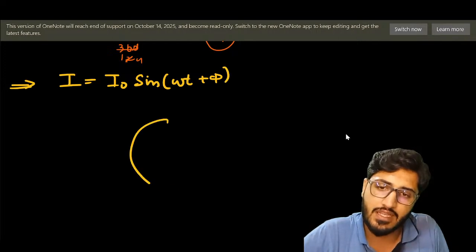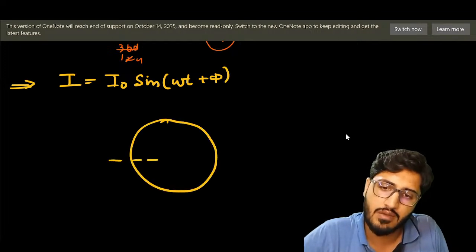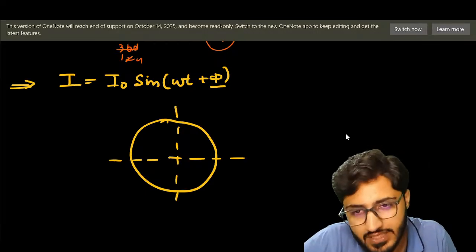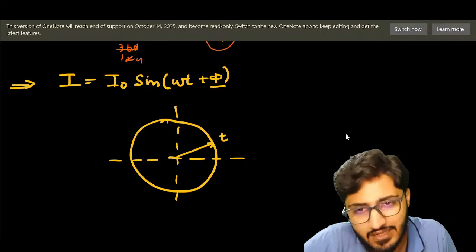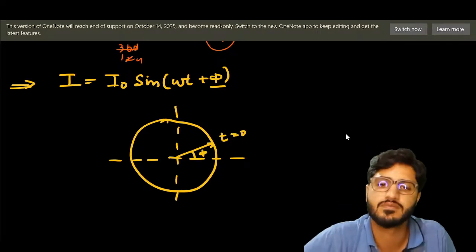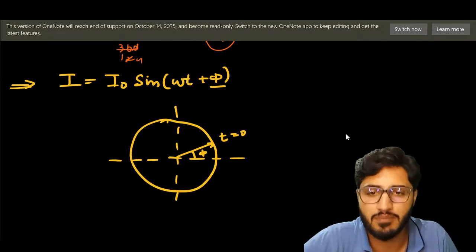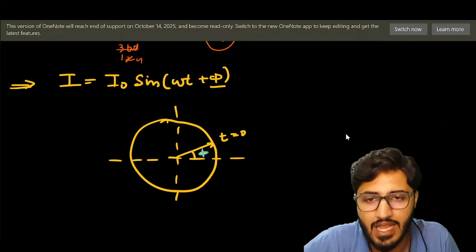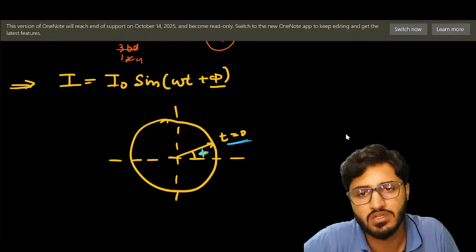It simply indicates my phasor starts at phi. That means at t equals 0, my phasor is at this angle. Here it is given to us, no?